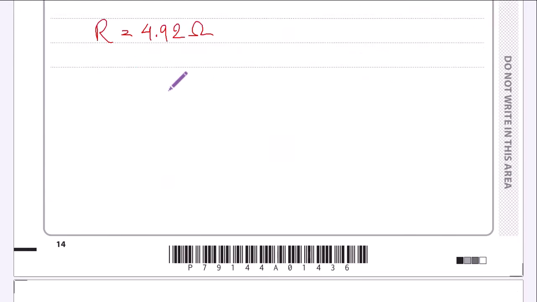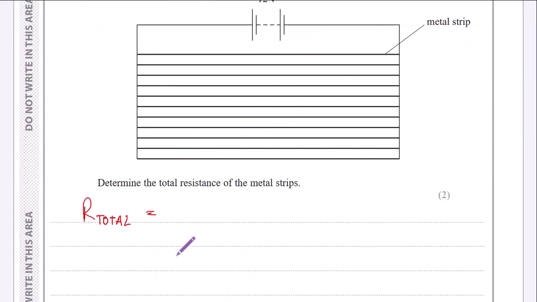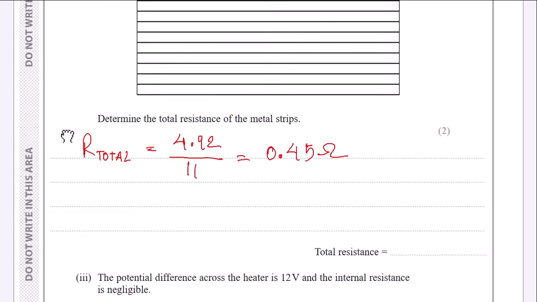It's 4.92, divided by the number of resistors. There is 11, which gives you 0.45 ohm. Let's move on.